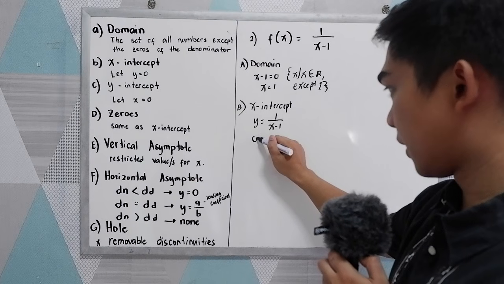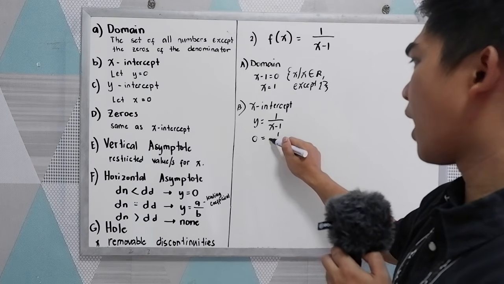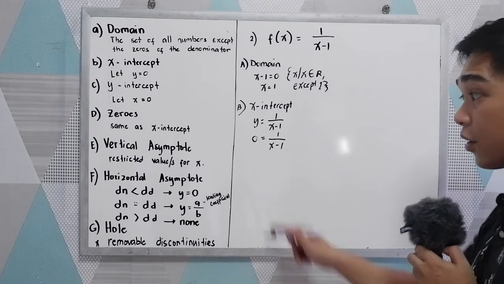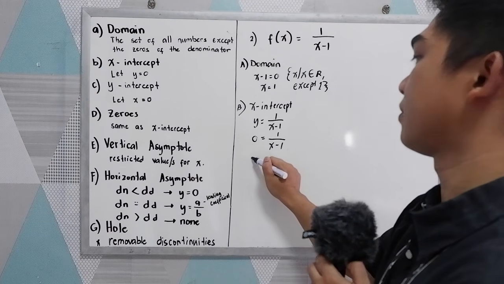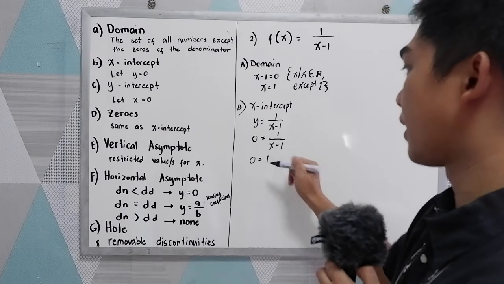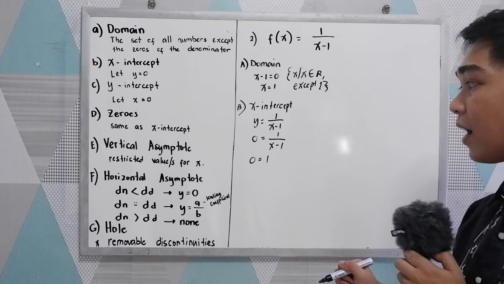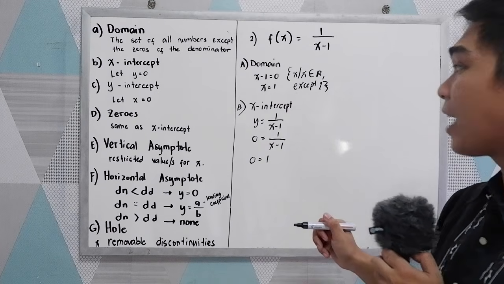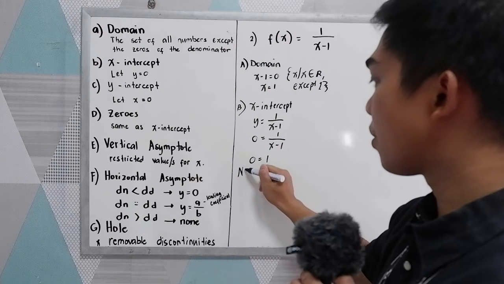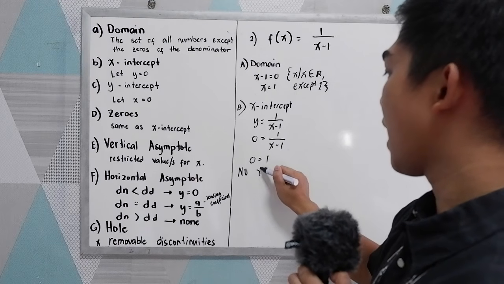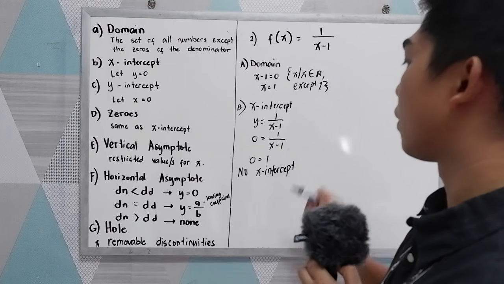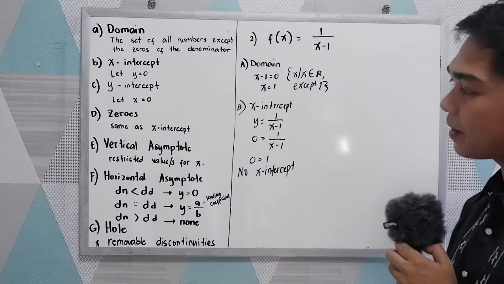So we have 0 is equal to 1 over x minus 1. Cross multiply. So we have 0 is equal to 1. Notice that we don't have a value for x because 0 times x minus 1 is 0. So that means we have no x-intercept. Or simply none.